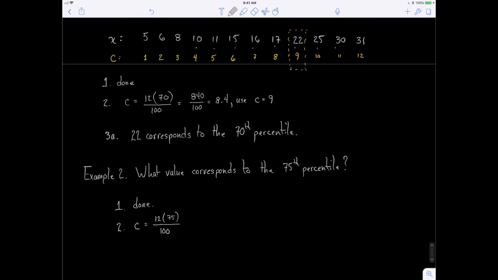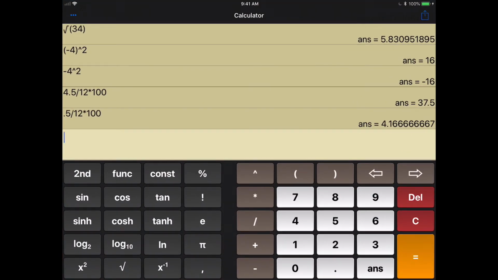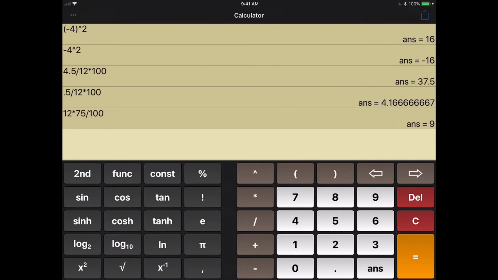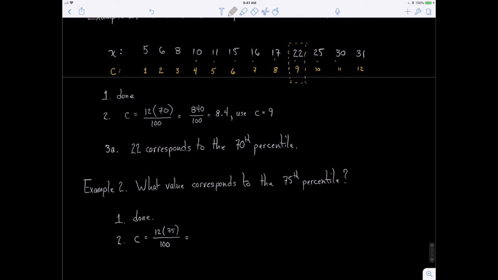If you're not sure, go to your grapher or your TI-84, type in 12 times 75, and divide by 100. We get an answer of 9. So C equals 9.